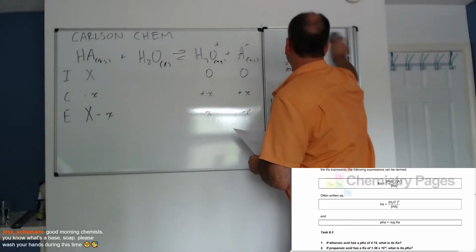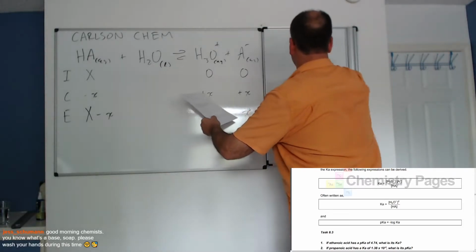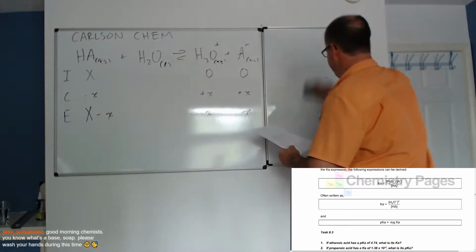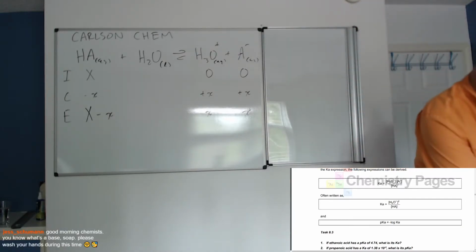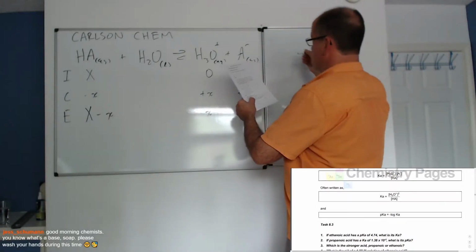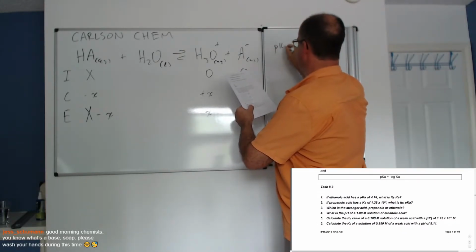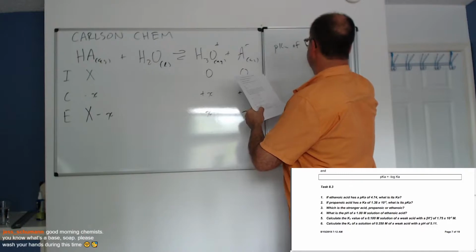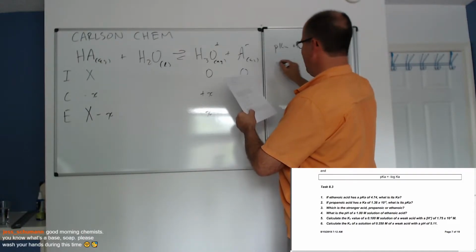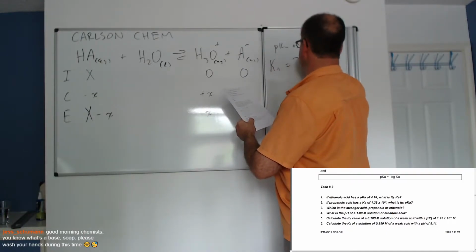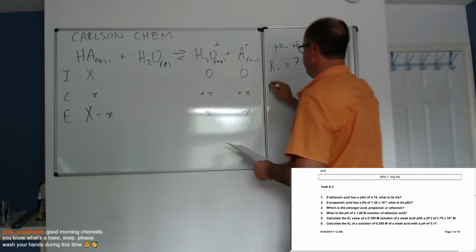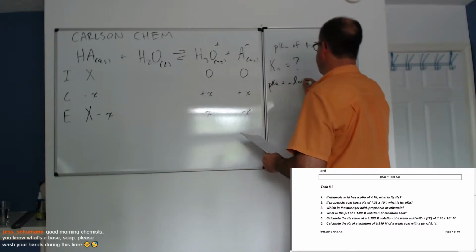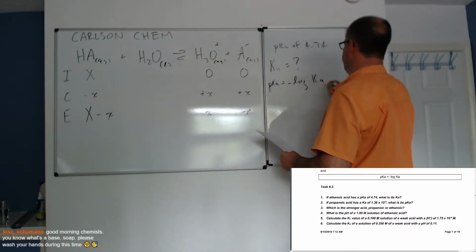Okay, but before I erase that equation there, let's work some of the equations over here. So number 1, if ethanoic acid has a pKa of 4.74, what is the Ka? All right, again, pKa is the negative log of the Ka.